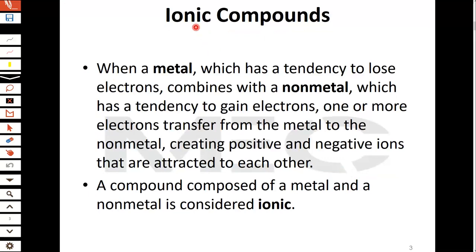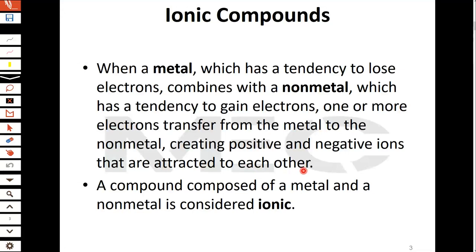What is ionic? Let's talk about ionic compounds a bit. When a metal which has a tendency to lose electrons combines with a non-metal which has a tendency to gain electrons, one or more electrons transfer from metal to non-metal, creating positive and negative ions that are attracted to each other.